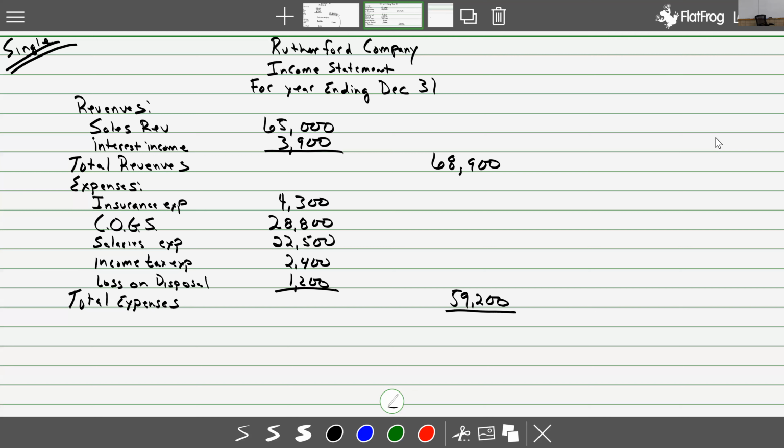Now we can take our total revenues minus our total expenses, gives us what we're looking for. This is our net income. 68,900 in revenues minus the 59,200 in expenses gets us a total net income of 9,700.